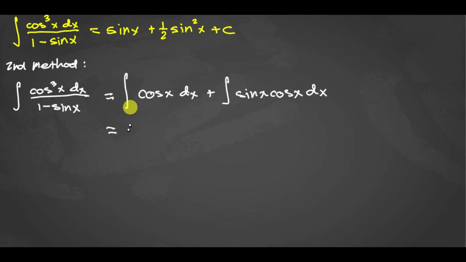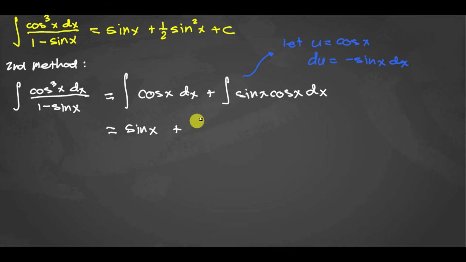Now, evaluating the integral, we have the integral of cos x is sin x plus, on the first method, we let u be a function of sin x. Now, in the second method, if we let u equal cos x, then du is equivalent to negative sin x dx.